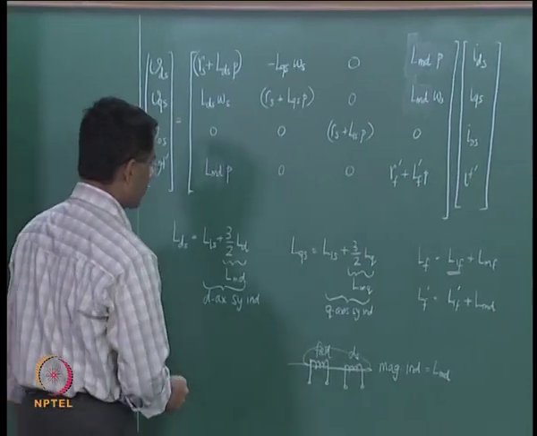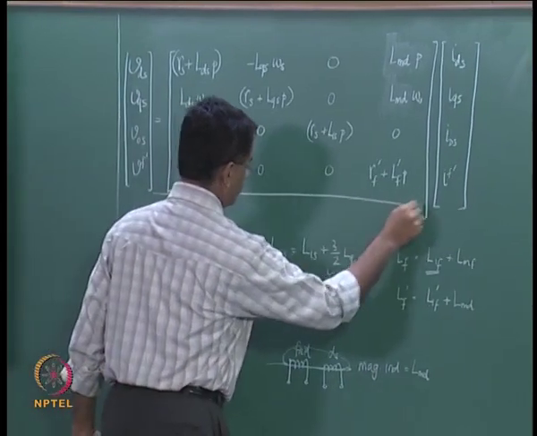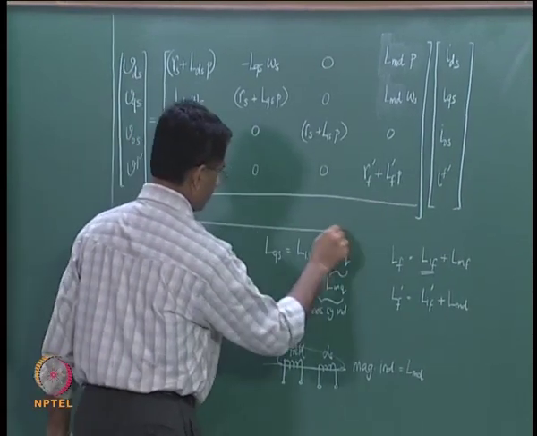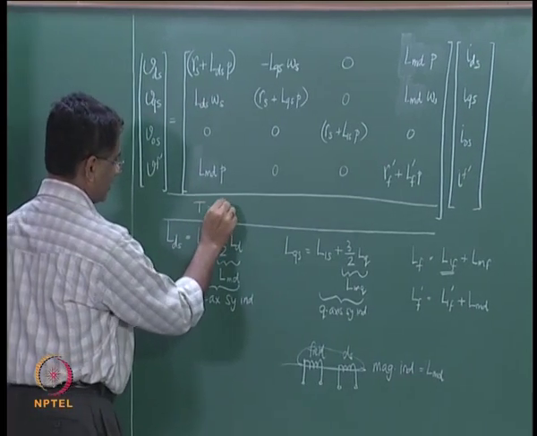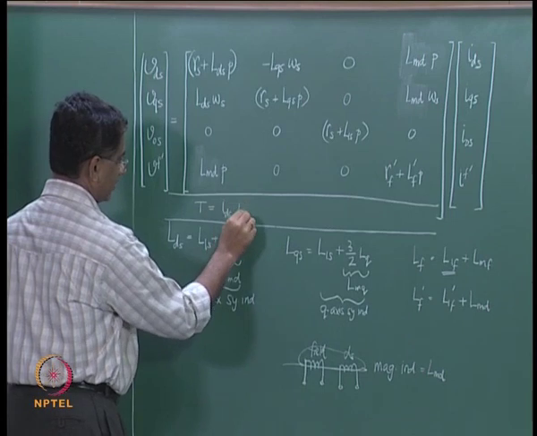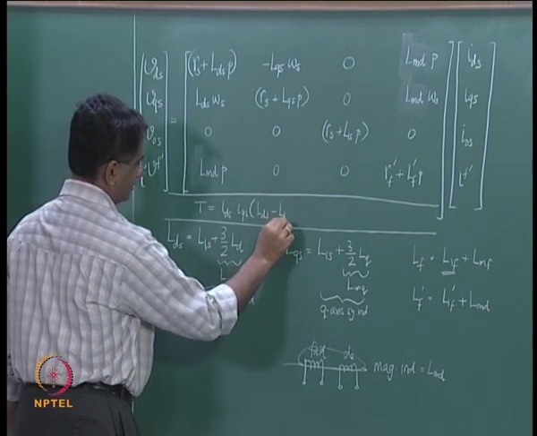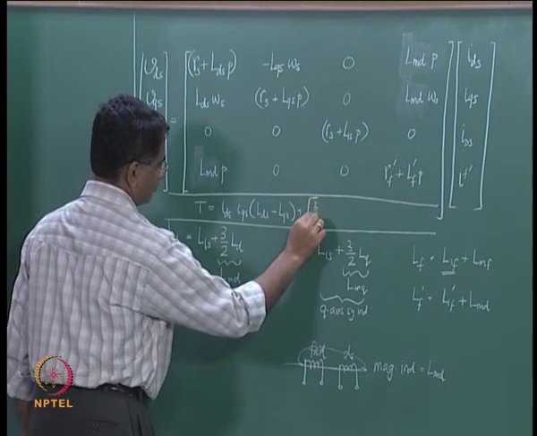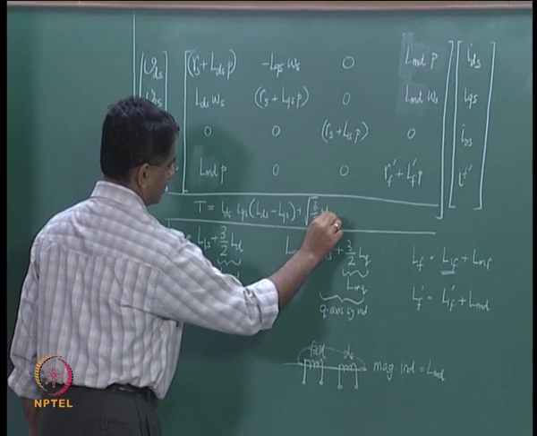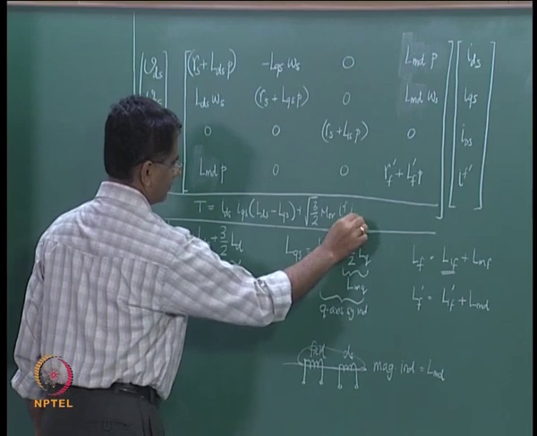Along with this, we then also have the expression for the electromagnetic torque. Torque was given as IDS into IQS into LDS minus LQS plus root 2 by root 3 by 2 MSR into IF into IQS.